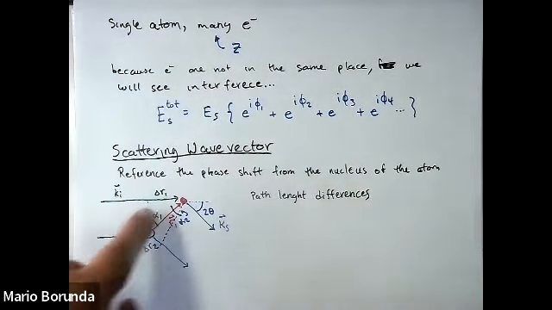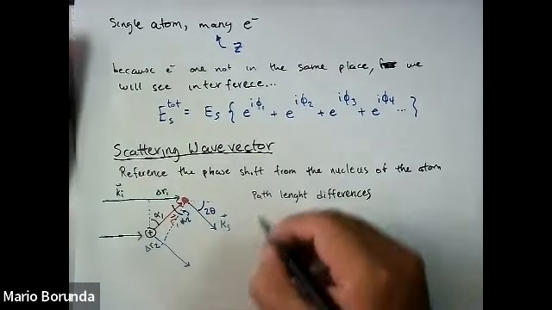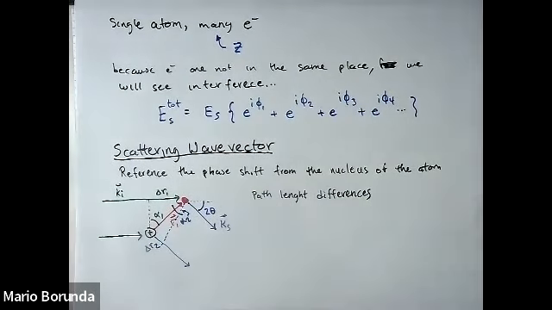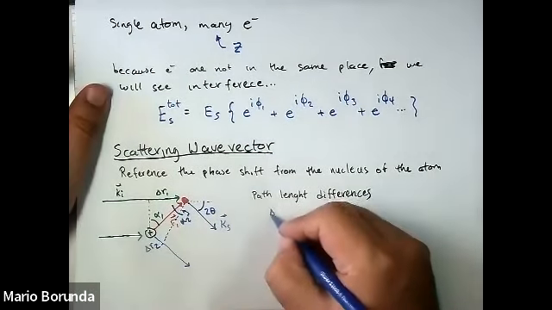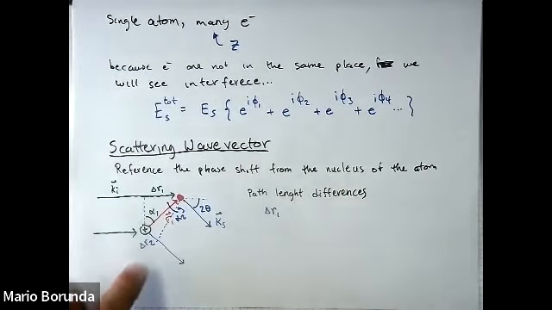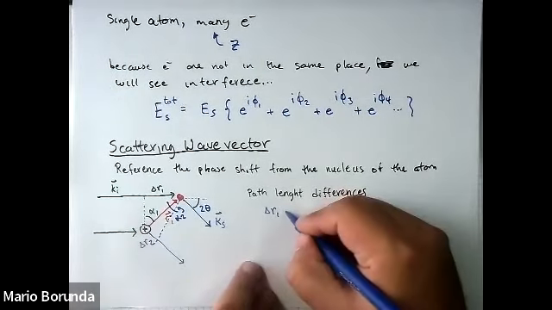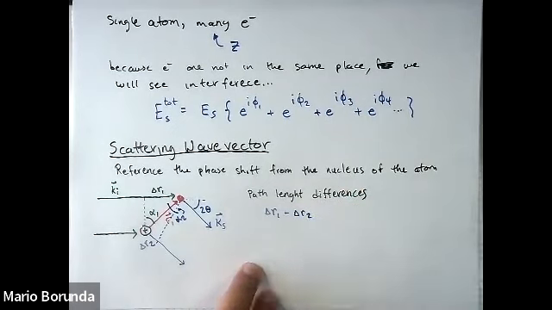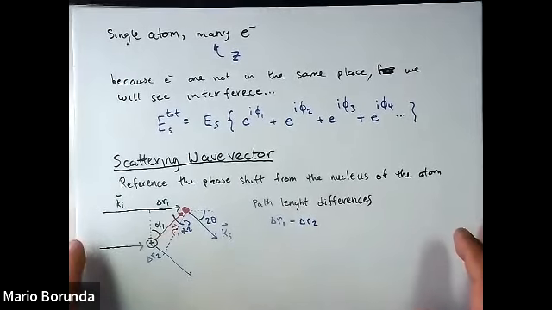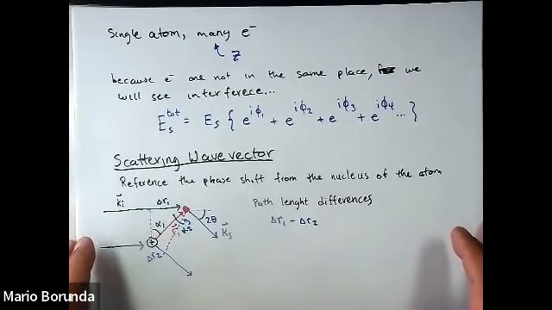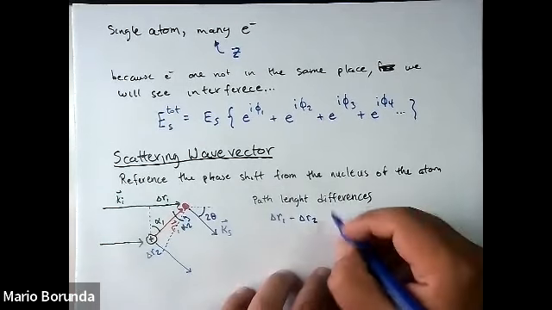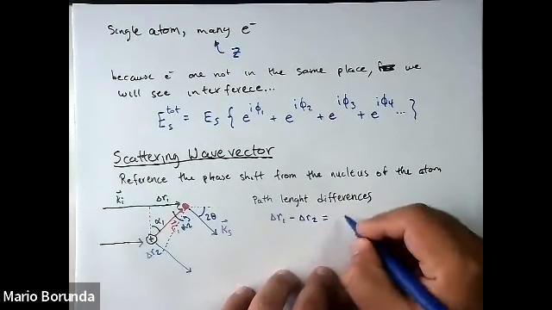There's two of them: first this part right here, and then this little portion right here. And that's our path length difference.